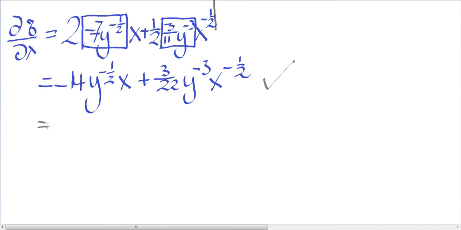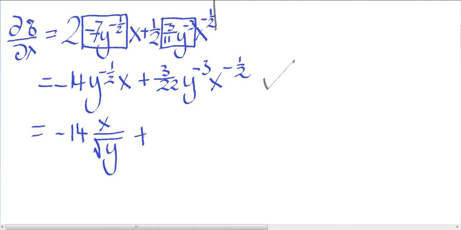So in this case, I would have minus 14x over y to the plus a half. But that could change back to the square root of y, because I'm leaving out a middleman here. I would have x over y up to the plus a half because I'm taking the y down.